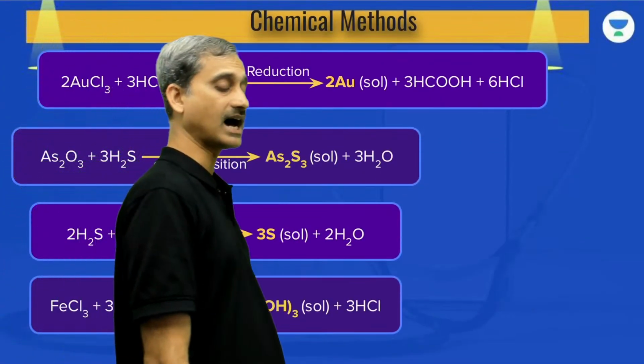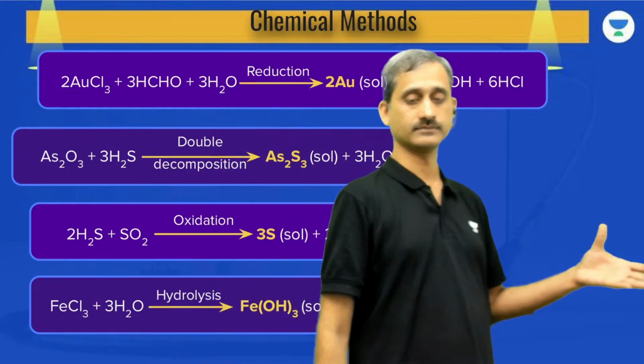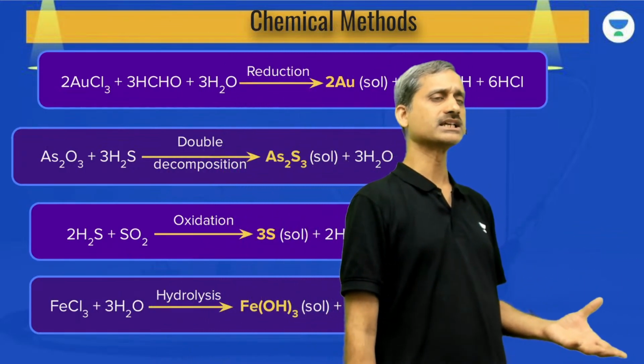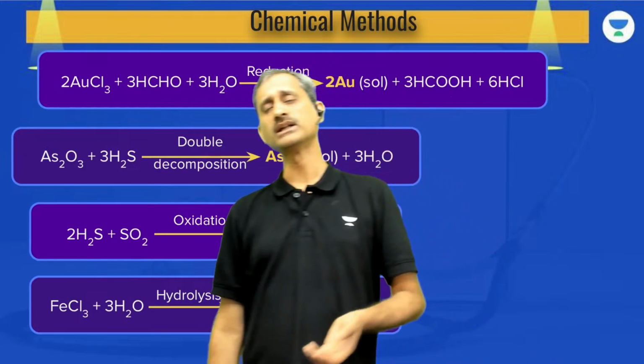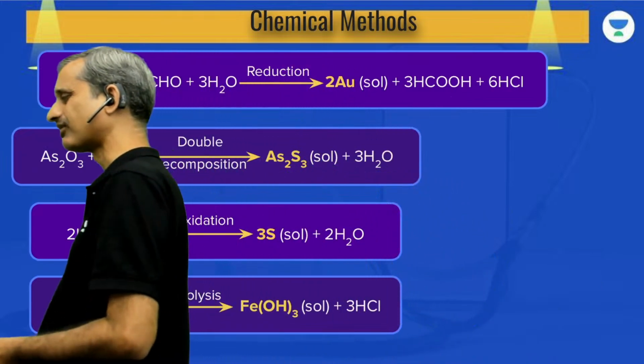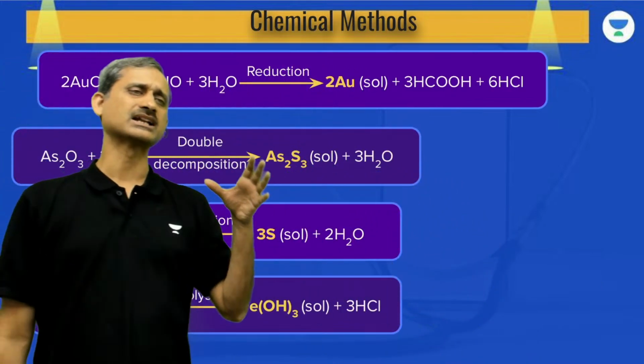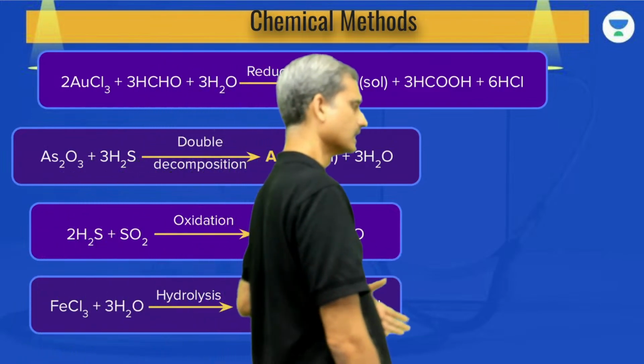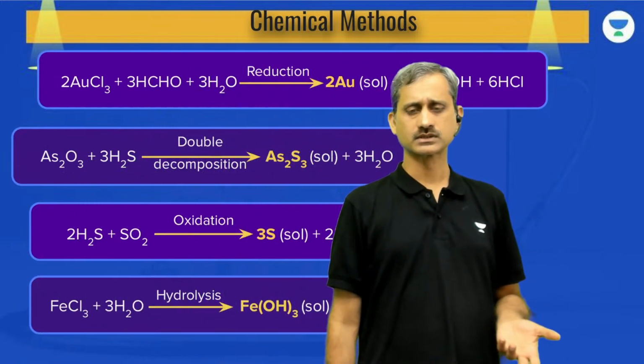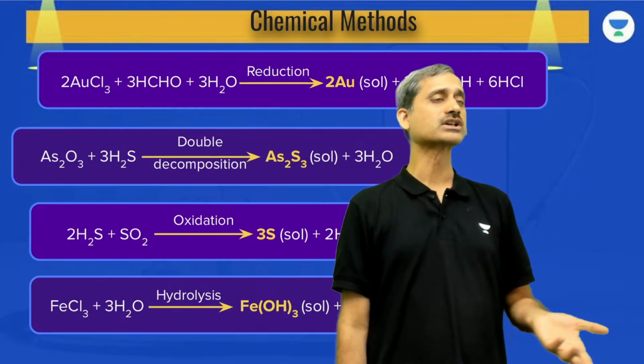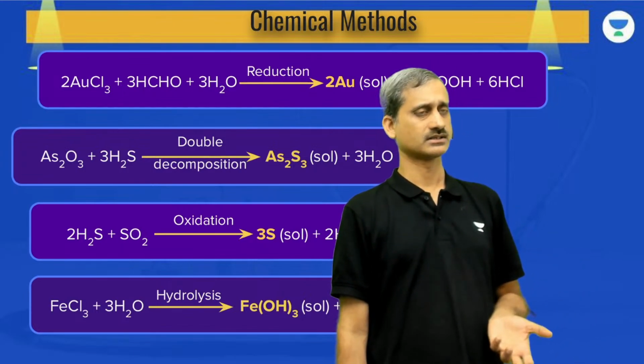Something like gold chloride. If gold chloride is reduced, remember that gold is a noble metal and it tries to remain in the atomic, metallic form. So gold compounds are good oxidizing agents.